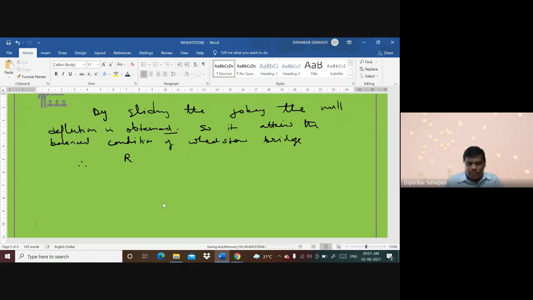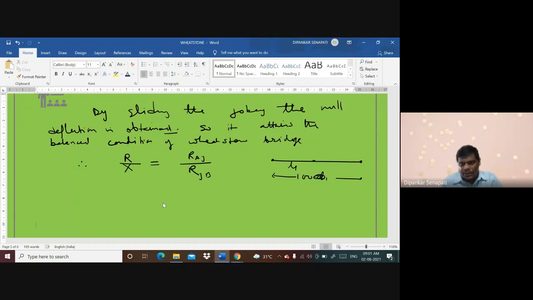R by X is equal to Rρ1 by Rρ2. Obviously, we'll take the resistance wire uniform, so that the resistance will depend only on length. Let this be L1, and that is equal to 100 minus L1.